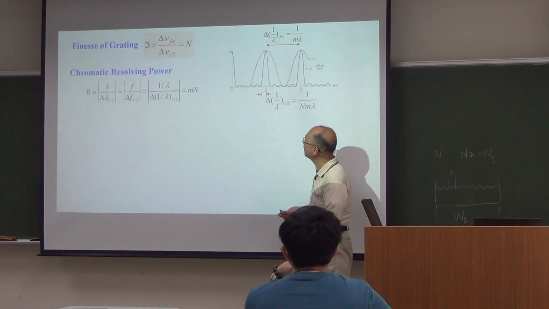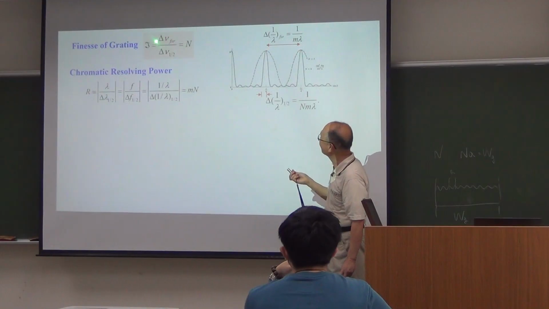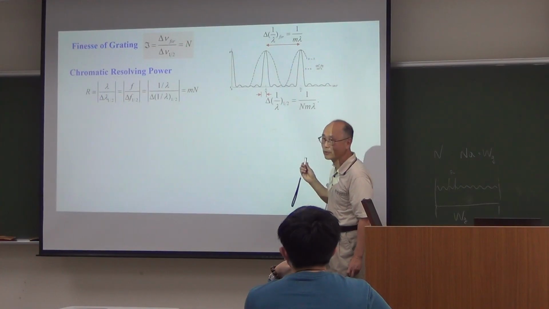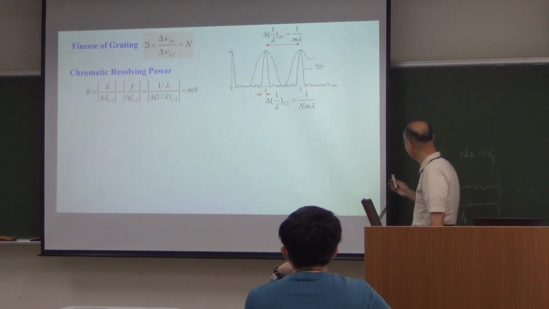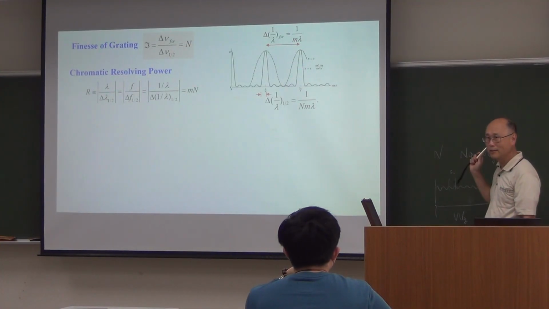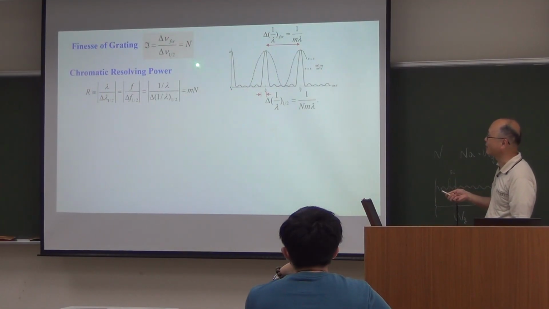And then how do you determine this width? If you know the finesse of your grating, you can determine this width, because the finesse of this grating is equal to the number of grooves. So you just count them: 1, 2, 3, 4, 5, 6, 7, 8, 9, 10. Then we have N. If we know N and the free spectral range, you can determine this.